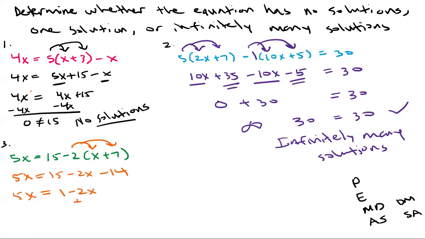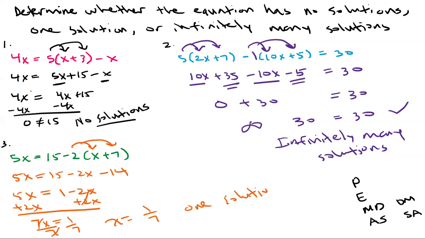Then I'm going to add 2x to both sides because I'm solving for x. So 5x plus 2x is 7x equals 1. Then divide both sides by 7, so x equals 1/7. That means I have one solution for the last problem.